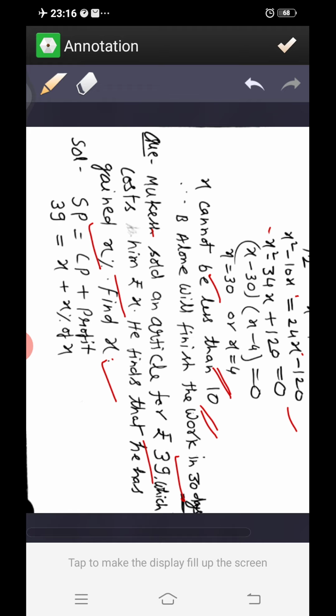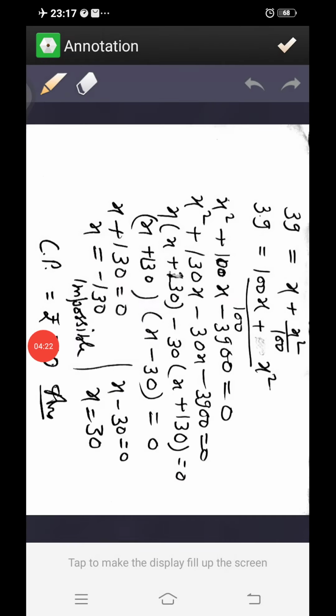We know that SP equals CP plus profit. SP is 39, CP is x, and profit is x percent of x. Profit is calculated on CP.